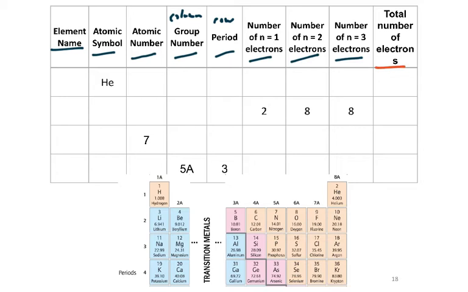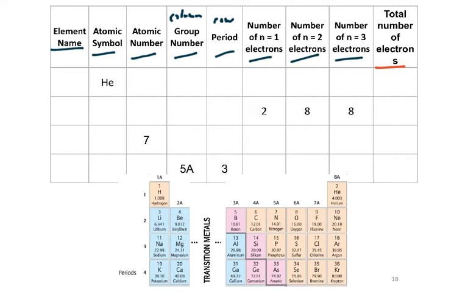And finally, the total number of electrons. And there's not very much to this table. For example, the first one, all it says is He, but that is enough to fill the whole thing in. So let's work on the first row and then pause and come back.